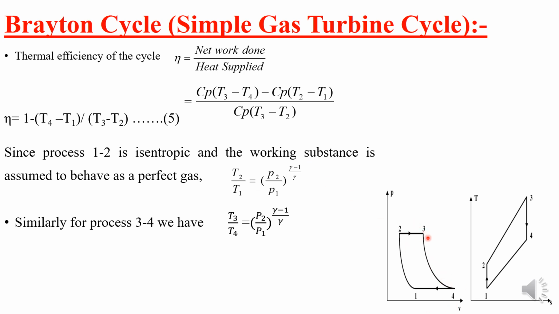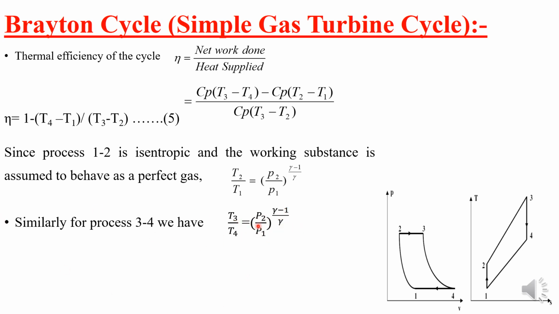So for 3 to 4 you can write T3 by T4, that is nothing but P3 by P4 to the power gamma minus 1 by gamma. But in the expression we can write P3 equals P2 and P4 equals P1. So we have written P2 by P1 for the power gamma minus 1 by gamma for the process 3 to 4.